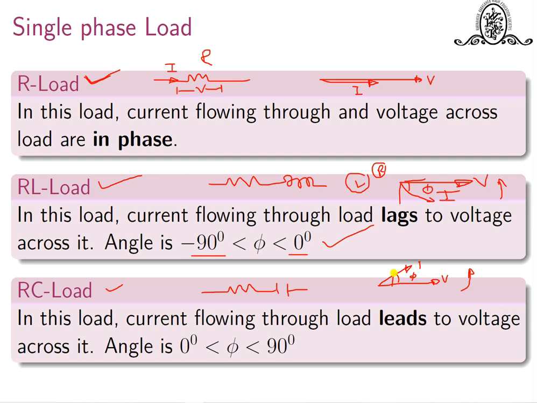If this leading angle is exactly 90 degrees, then this circuit will become purely capacitive. If it is equal to 0, then the circuit will become R. So this angle phi lies between 0 and 90 degrees.